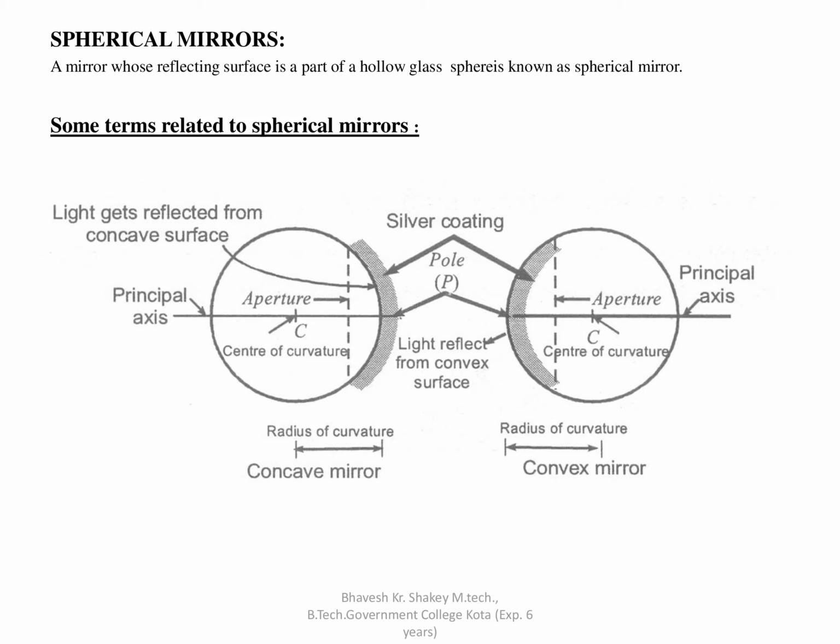When light rays come parallel to the principal axis, after reflection they cut the principal axis at a point. That point is called the principal focus of a mirror. The plane perpendicular to the principal axis at the principal focus is called the focal plane. And the distance from the principal focus to the pole is called the focal length. The distance between the principal focus and the pole is called the focal length.